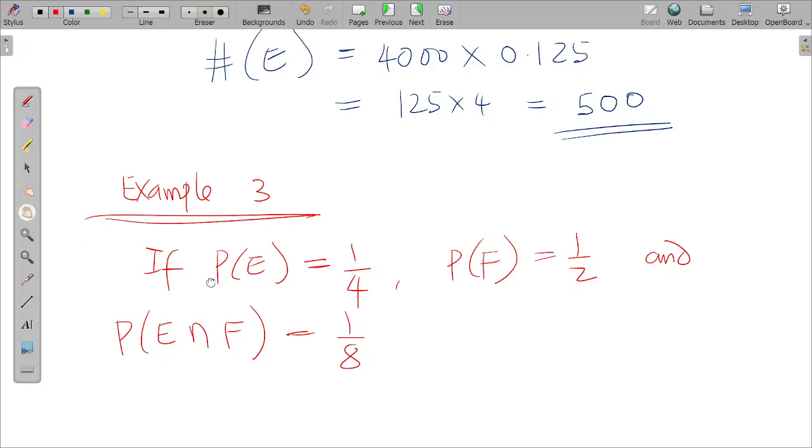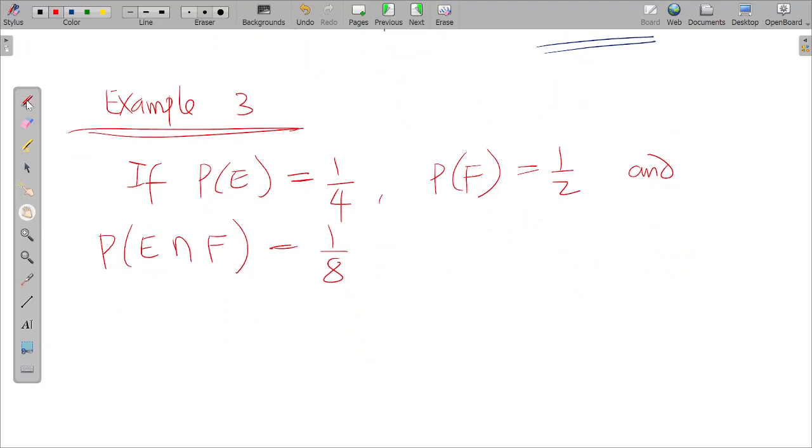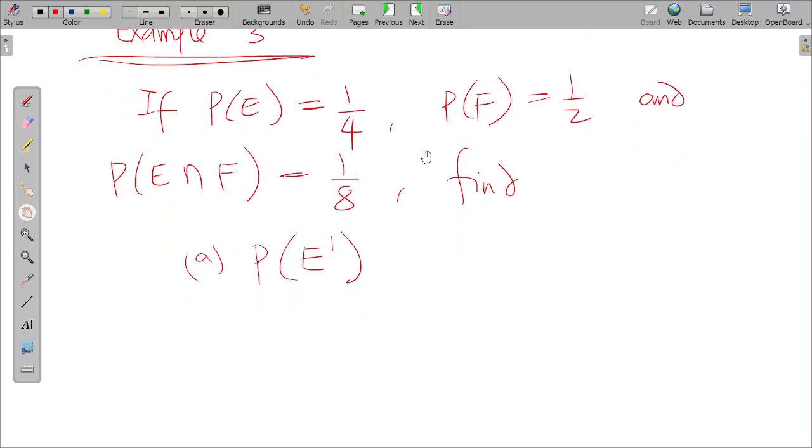We are given all that, and then we are asked to find P of E complement. That is the first thing we are asked to find.